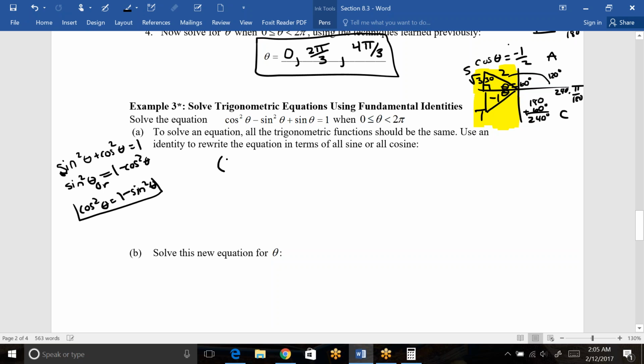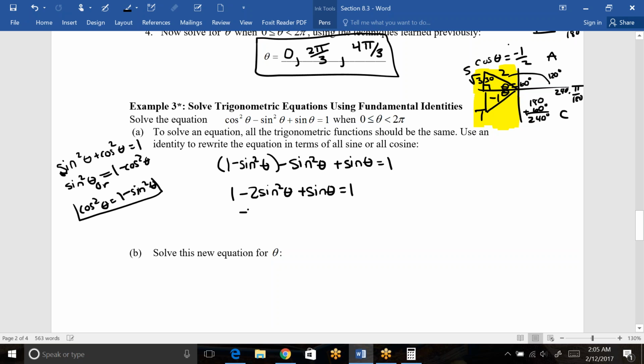So if I change that to 1 minus sine squared theta, and then bring everything else down, we'll see that we now have 1 minus 2 sine squared theta plus sine theta equals 1.